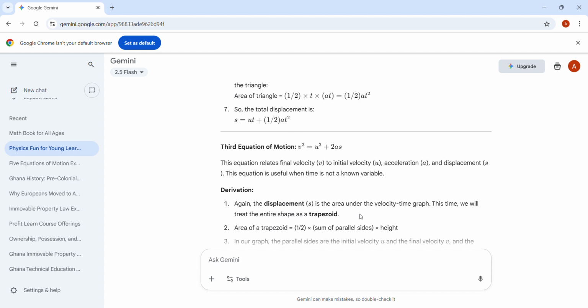So we can substitute this one, or if we multiply through by t, we're going to get 2s equals v plus u times t.